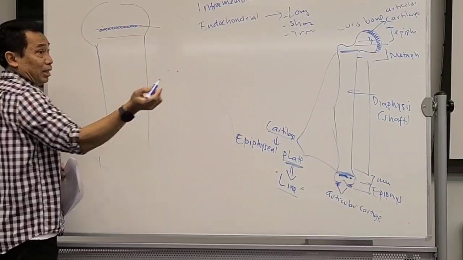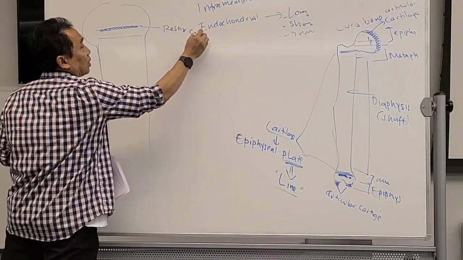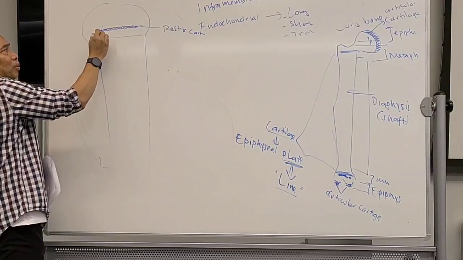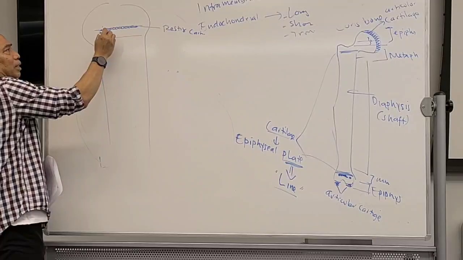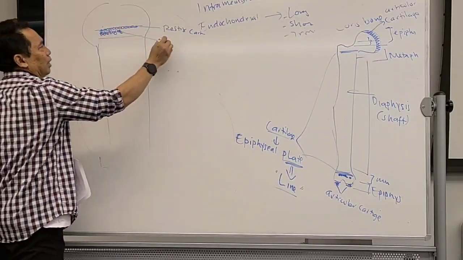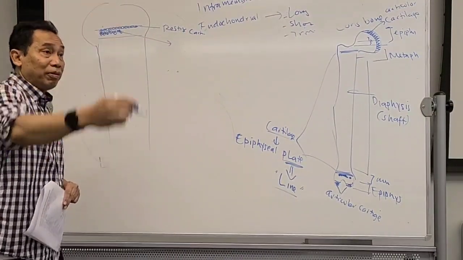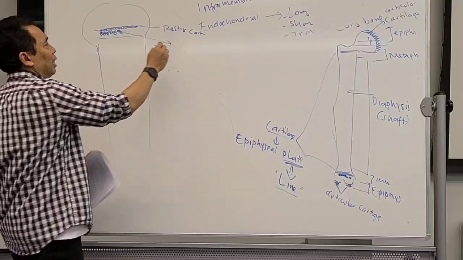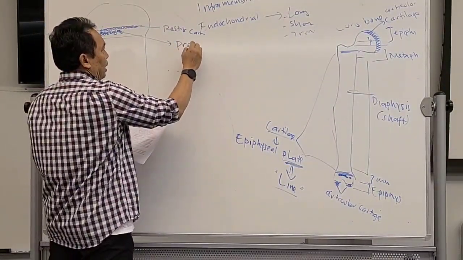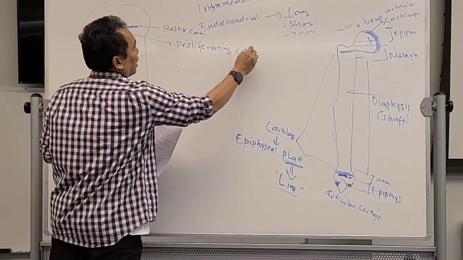This resting cartilage then will produce another cartilage that keeps growing. This one is called proliferating because it keeps proliferating. Proliferate means dividing. So this is proliferating, or keep dividing, cartilage.